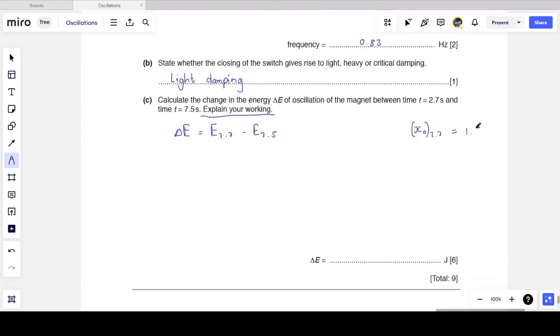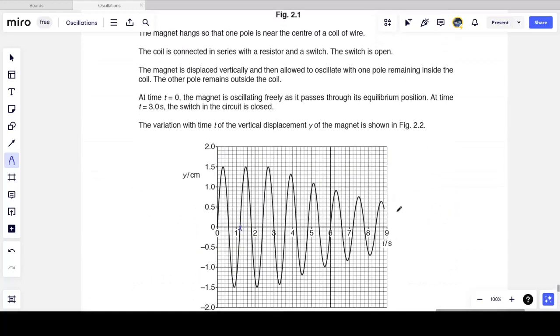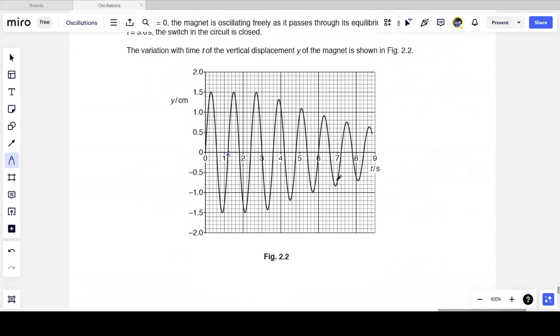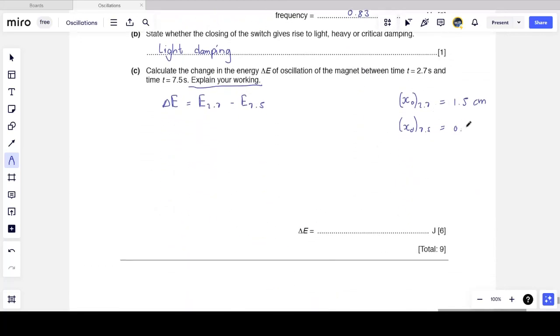I can write in centimeters, I'll do the conversions later on. And the amplitude at 7.5 seconds is 0.75 centimeters. And so that's me doing an explanation. But again, when I'm asked to explain, I should always write down what I'm thinking.